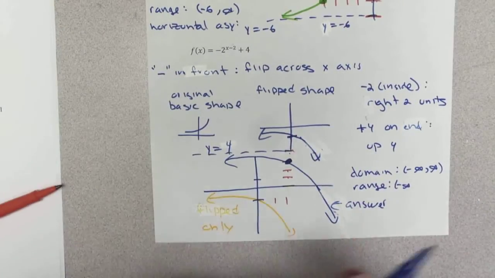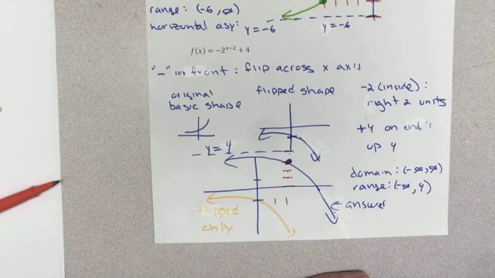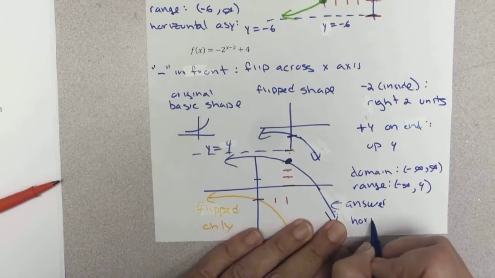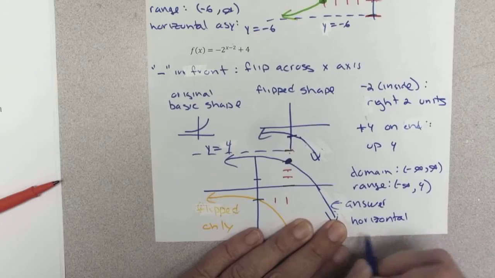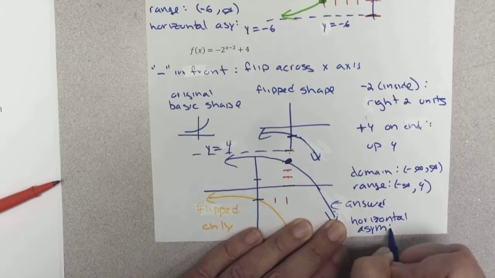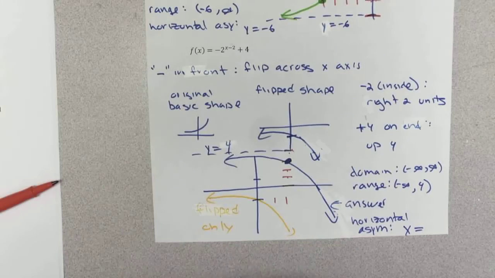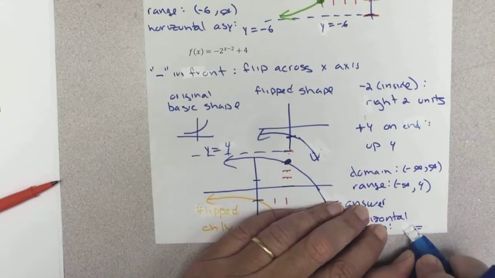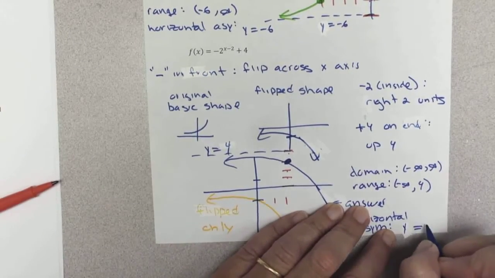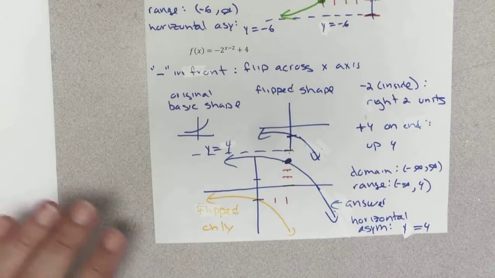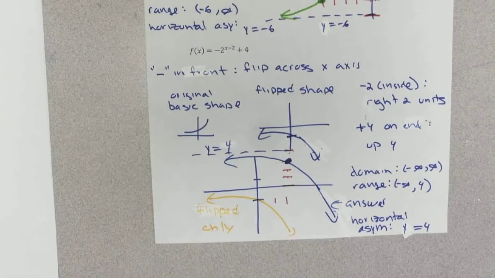So my range is -infinity to 4, and my horizontal asymptote is also y = 4. For some reason I wrote an x, even though I said y. y = 4.